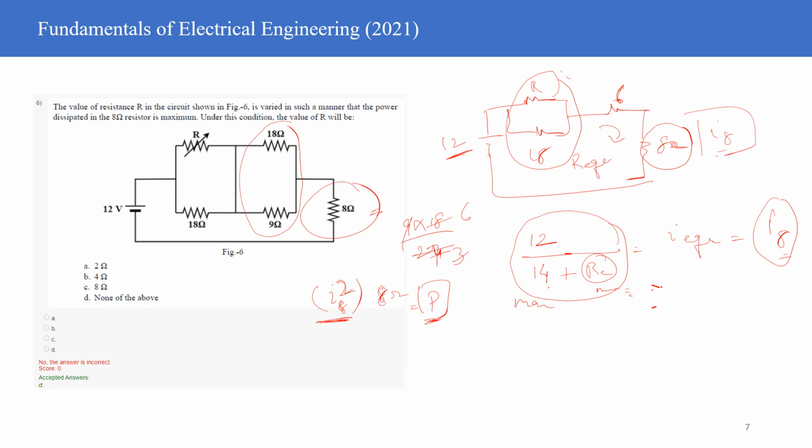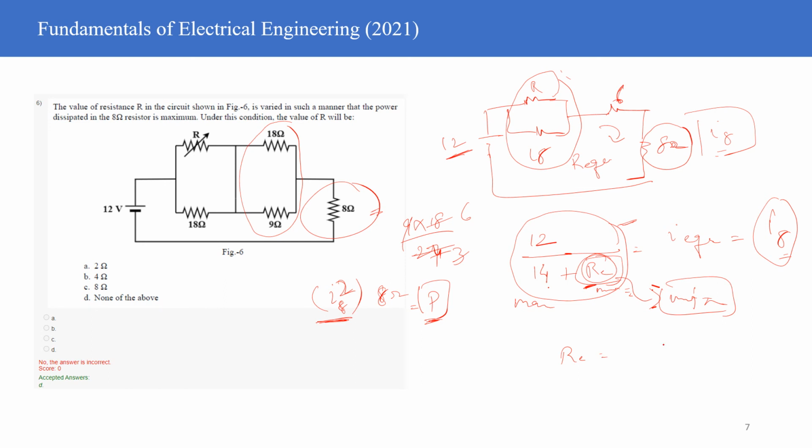When this denominator is going to be minimum, the overall value is going to be maximum, right? So when is this denominator going to be a minimum? When the RE value is minimum, correct?